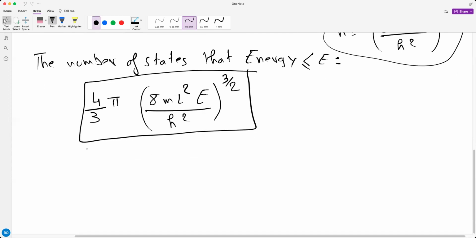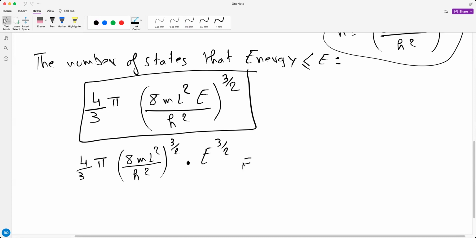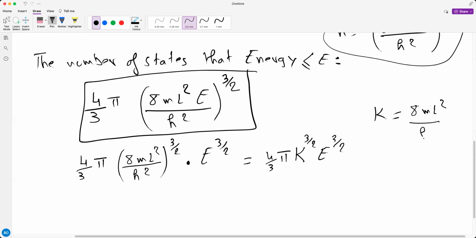Yeah, so what I can do, I can simplify this. This is 4/3 pi, okay, and this is 8m L squared over h squared to the power of 3/2, and then the energy 3/2, which I can also write as 4/3 pi, a constant, 3/2 E. With the constant, I would just take this as a constant, h squared.